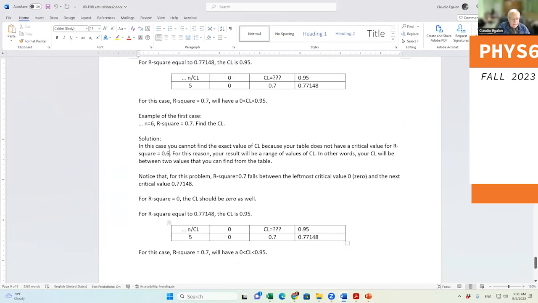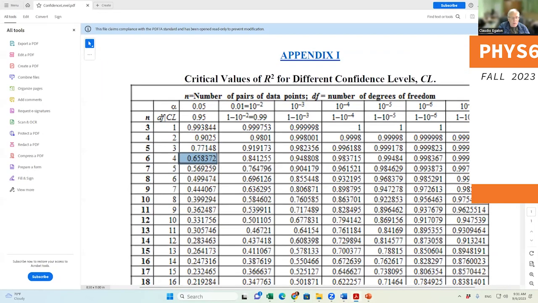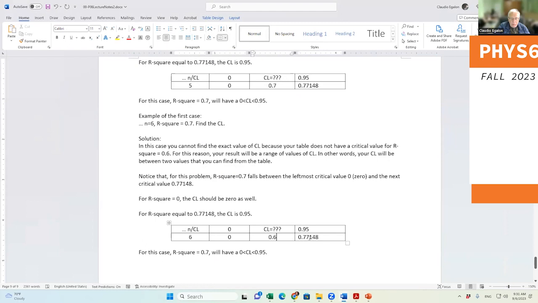Here's going to be 6. Here's going to be 0. Here's going to be 0.658372. I have to change everything here. Here's the R squared of your experiment, equal to 0.6.